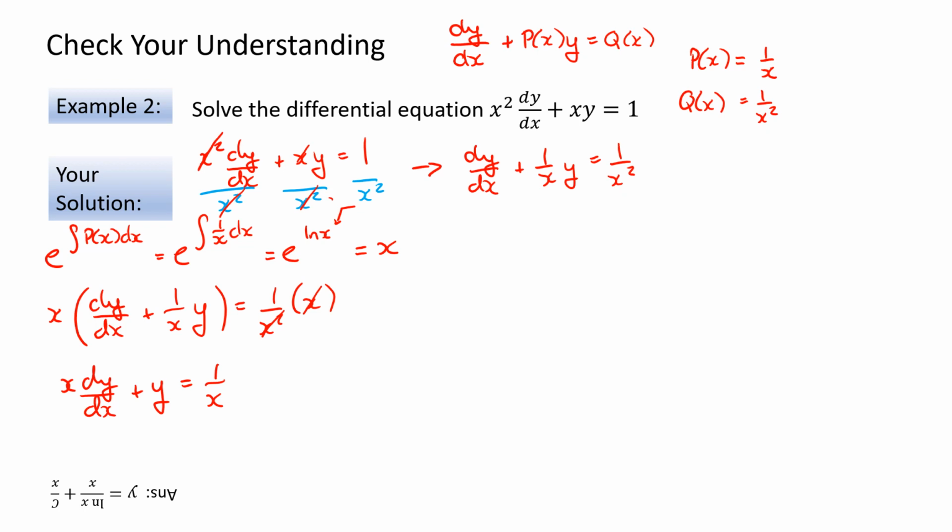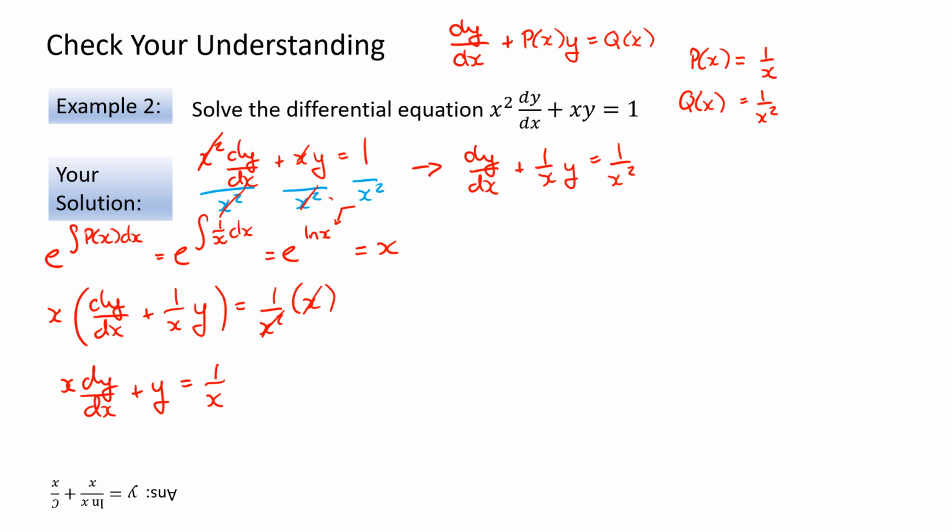On the left-hand side, remember what I told you. You have to convert the left-hand side using product rule. The two functions for the product rule will usually be y, which we see here, and whatever your integrating factor is, which in this case is x.